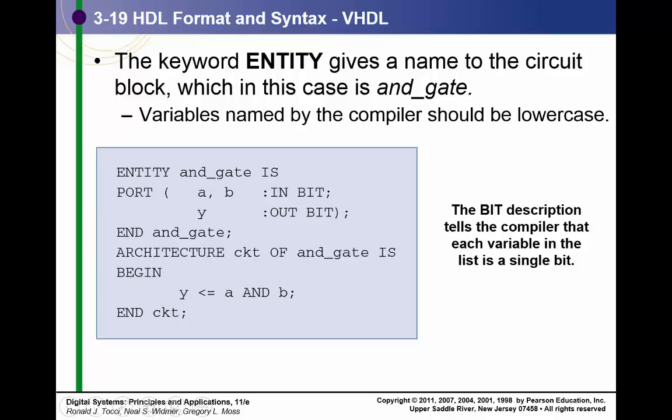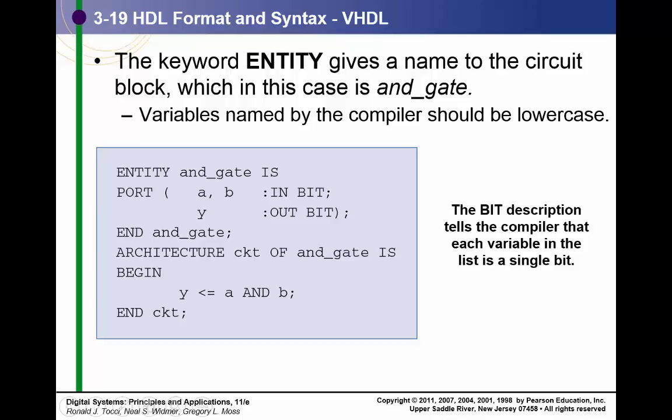I should note that I don't use X as an input or output, because X in VHDL means don't care. So X is a keyword, and you cannot use it. A and B are inputs, Y is an output. This is the first part.